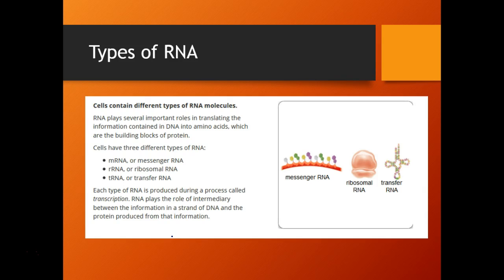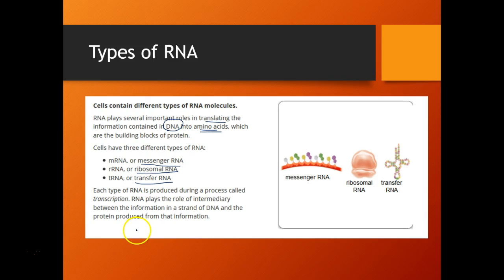And there are actually different types of RNA that are involved in making proteins. So RNA plays several different roles in translating the information that was once in DNA so that we can string together amino acids to make proteins. So there's mRNA, which is the messenger RNA. We have ribosomal RNA, which is the rRNA, and we have transfer RNA, which is the tRNA.